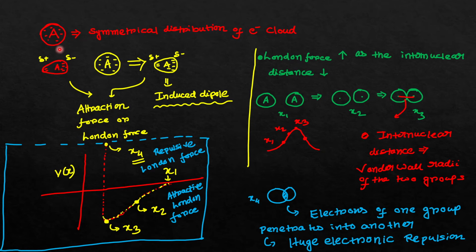So you can see A is basically a non-polar molecule, and at a given instance it has a symmetrical electron distribution around it. But this electron cloud is not static, it is always moving around.